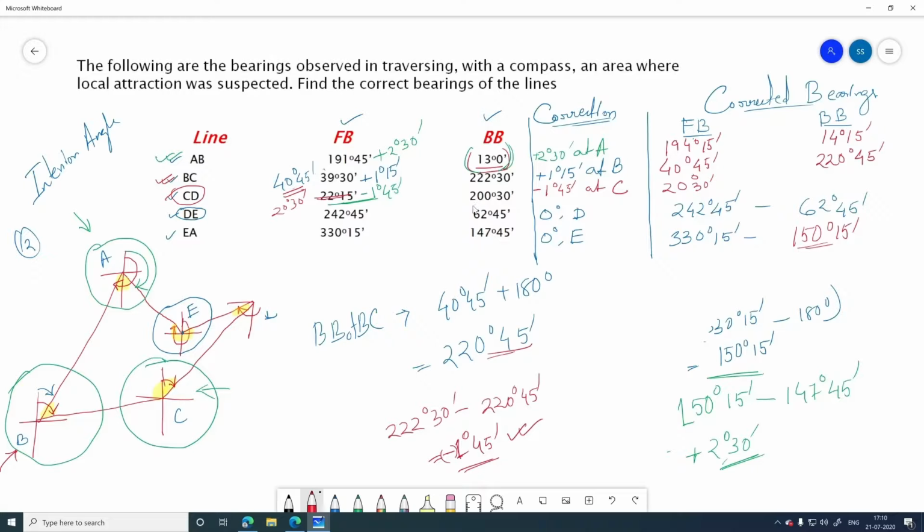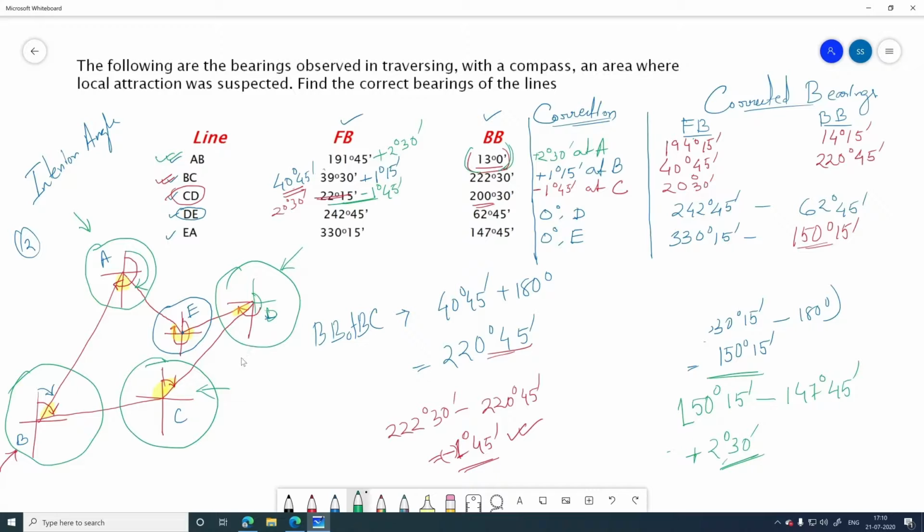Now you can see it is already given, the back bearing of CD is 200 degree 30 minutes. So back bearing of CD means what? It is forebearing of DC, that means this particular point. So when I see from D to C, it is the forebearing of DC, right?